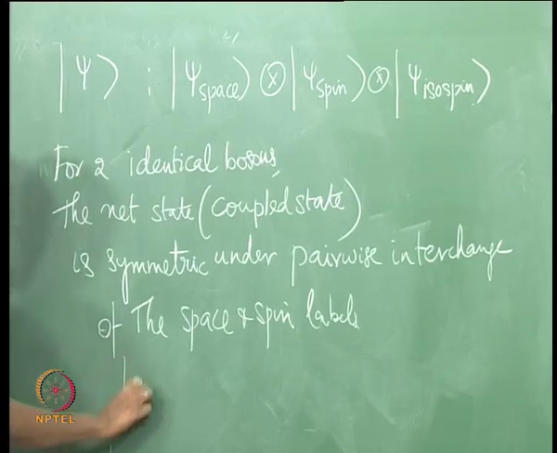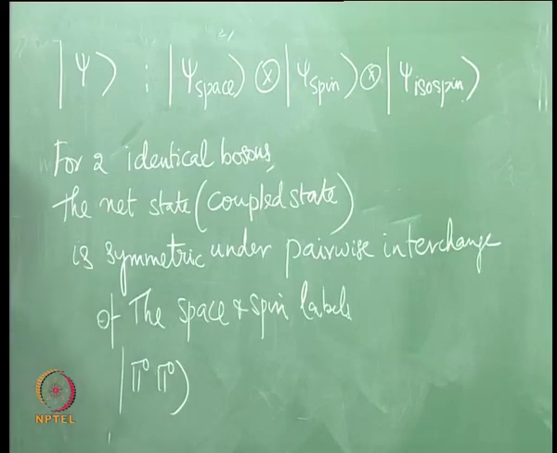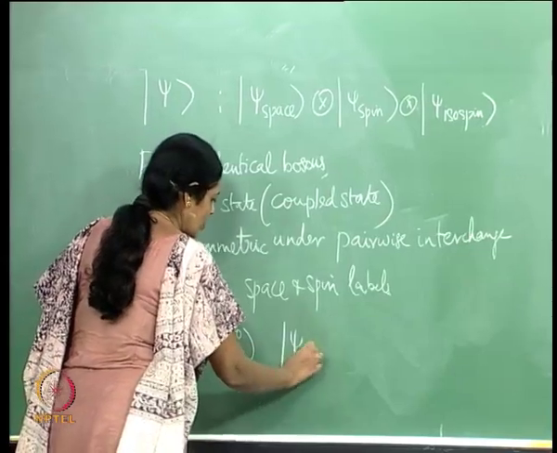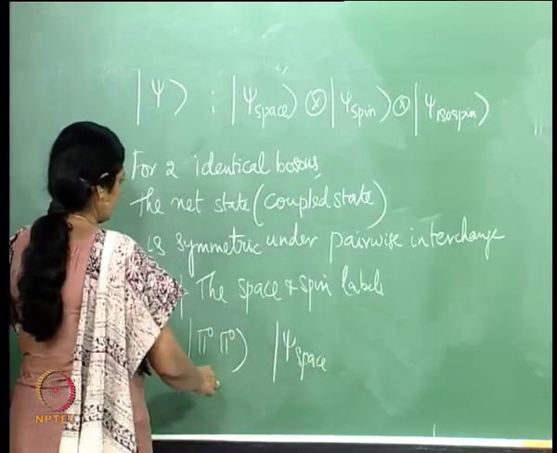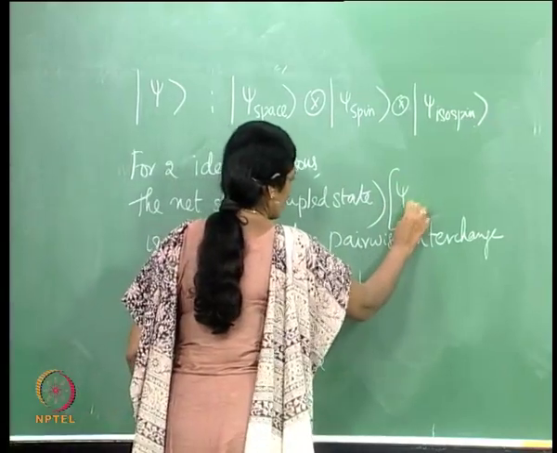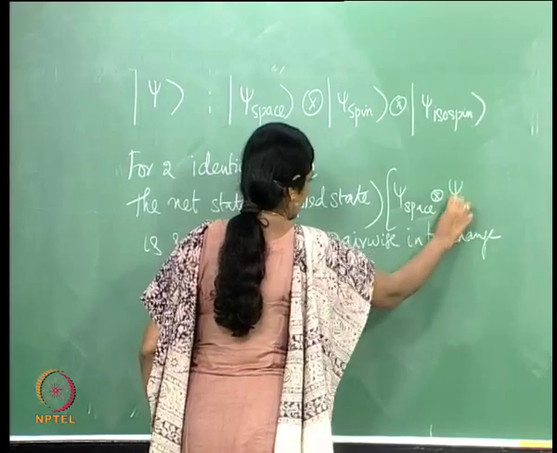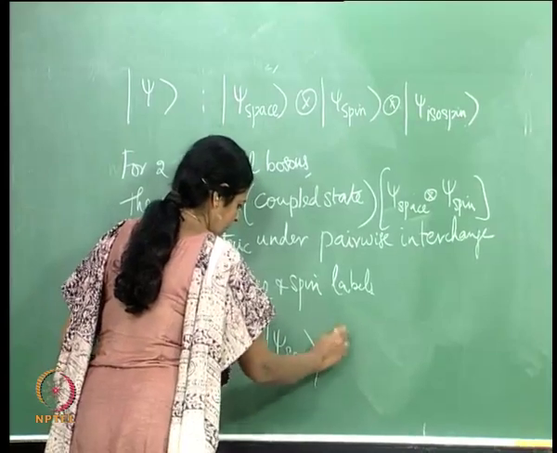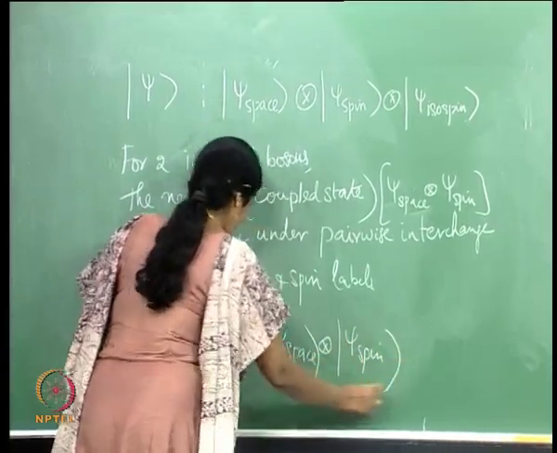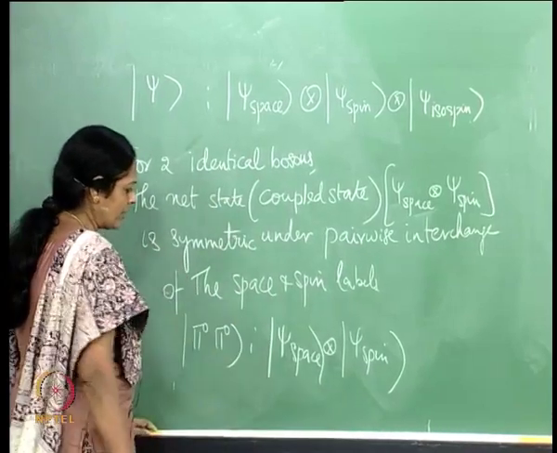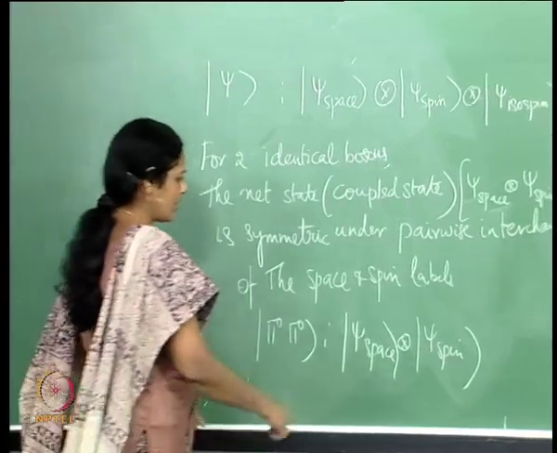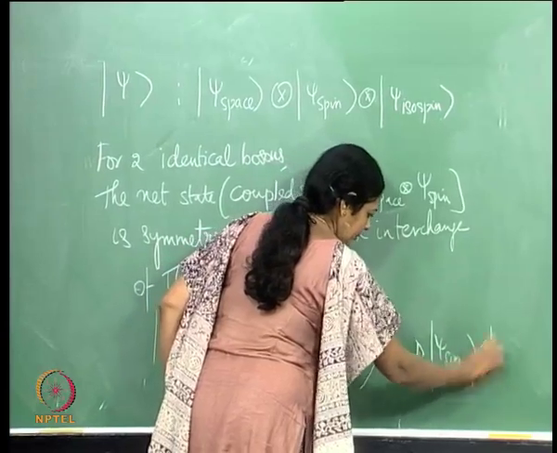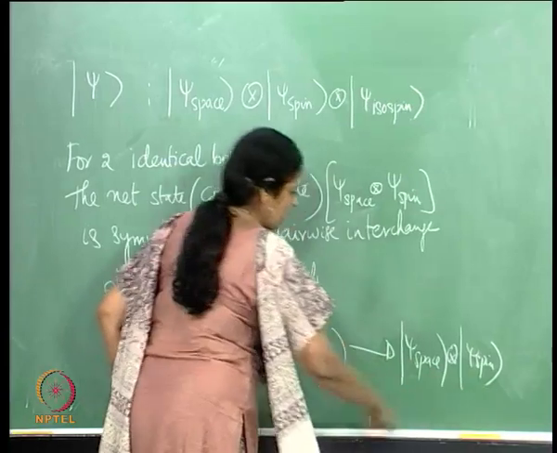So, if you look at pi naught, they are two identical bosons, and if you interchange the space and spin labels, the net state, which is psi space, psi spin, goes to itself. It picks up an overall positive sign. So, it is symmetric under pairwise interchange.